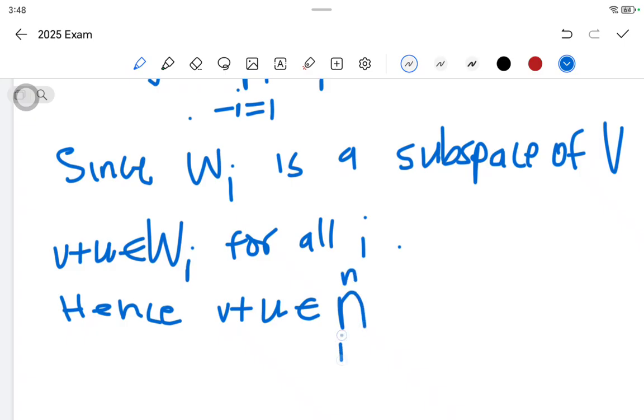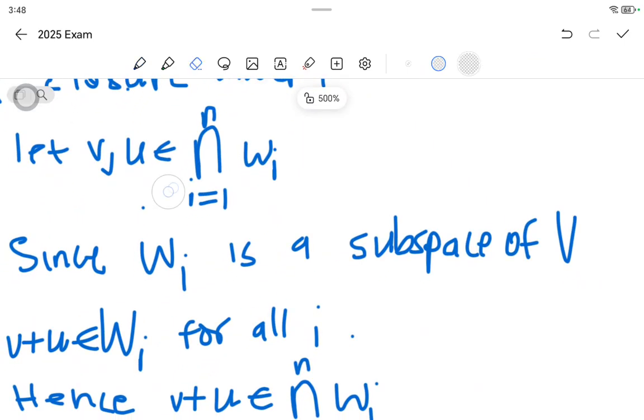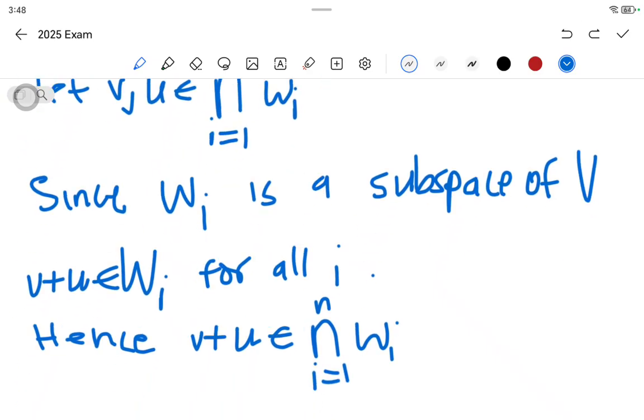But what I'm trying to tell you here is that if they bring a question like this, you're going to use what you're given. First, this is the structure: you let two elements from the intersection. So you let this be an element of that intersection. Then you show that the addition of those two elements will belong to Wi, since Wi is a subspace of V. It means that there is some addition of elements within that Wi.